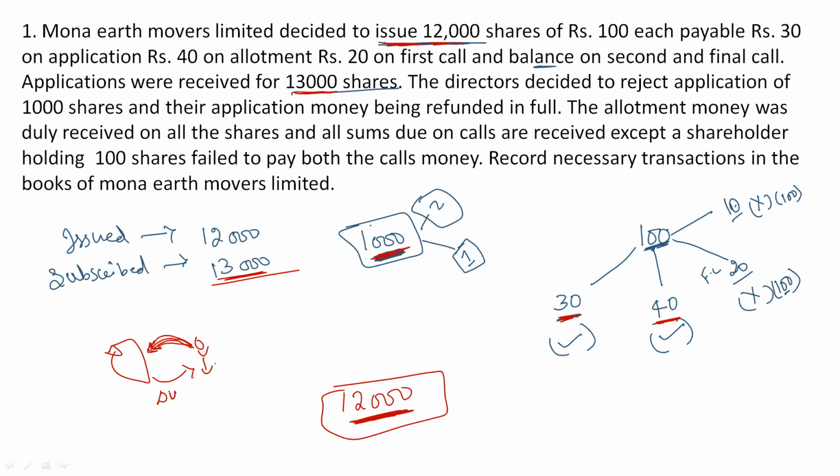One is the due entry: when the company asks them to pay the allotment amount, that means the amount is due. Then after the company asked to pay, the persons who became shareholders will pay the allotment amount. So this will be the receipt entry. Basically, we are doing two entries, due entry and receipt entry.